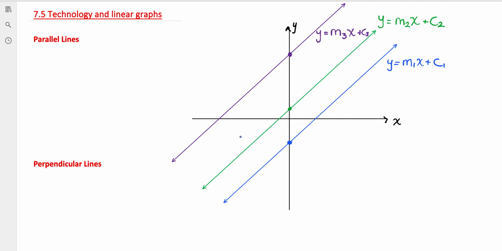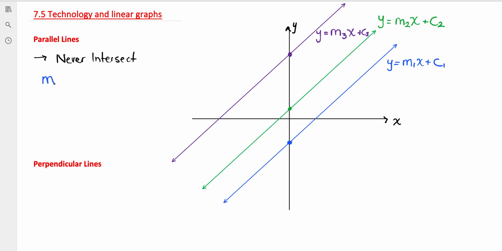Agree? But what I do know is that their gradient is the same, and actually that's going to be the definition of parallel lines. So when there are parallel lines, they never intersect. It's important that you write that in your notes. They never intersect, and their gradients are going to be the same.